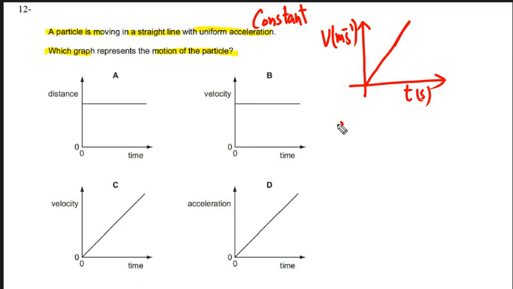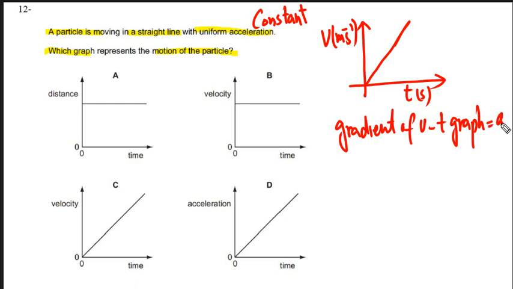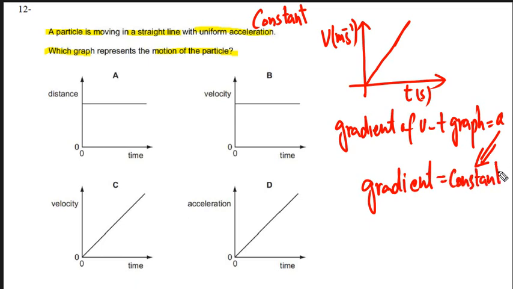The gradient of a vt graph is equal to acceleration. If acceleration is constant, then the gradient also has to be constant. If we have this understanding, then we can find the answer.